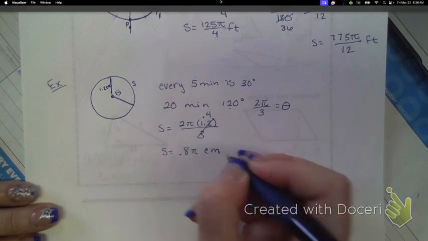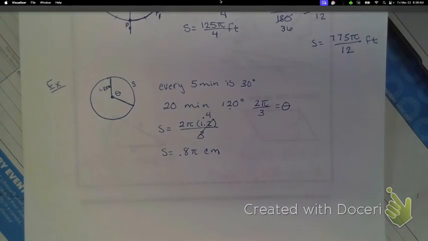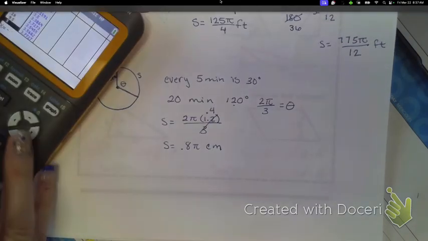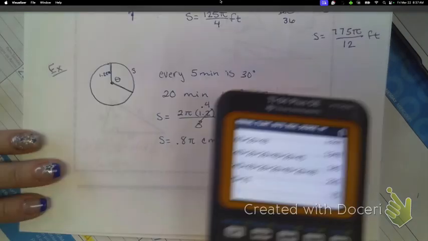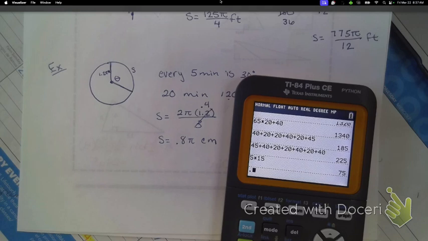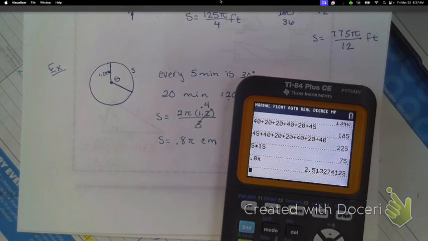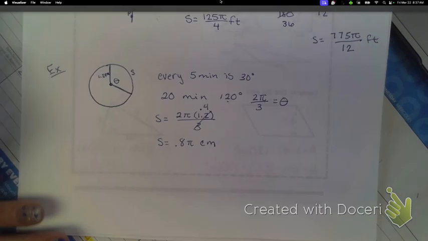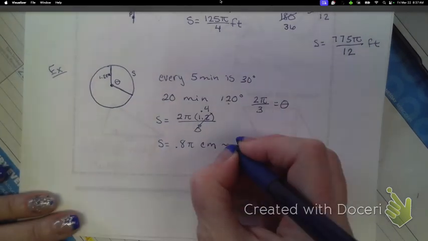And it said to 2 significant digits. So 0.8 pi, so what, 2.5? So approximately 2.5 centimeters.